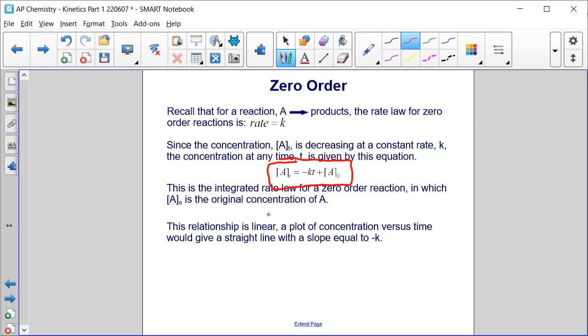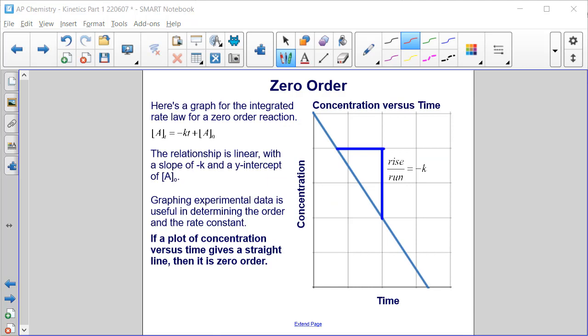This relationship is linear. A plot of concentration versus time would give a straight line with a slope equal to negative k. Here's a graph for the integrated rate law for a 0 order reaction. So we're graphing this line: concentration of A at time t equals minus kt plus the concentration of A at time 0. This is what the line would look like.